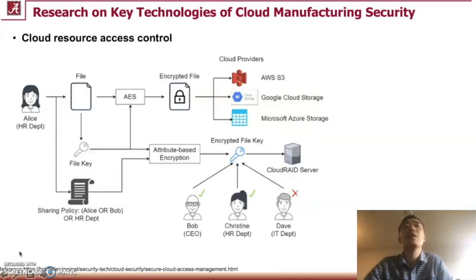The sixth one is cloud resource access control. In the cloud manufacturing environment, each cloud application belongs to a different security management domain, and each security domain manages local resources and users. Users access resources across domains. An authentication service needs to be set up at the domain boundary to access the shared resources.